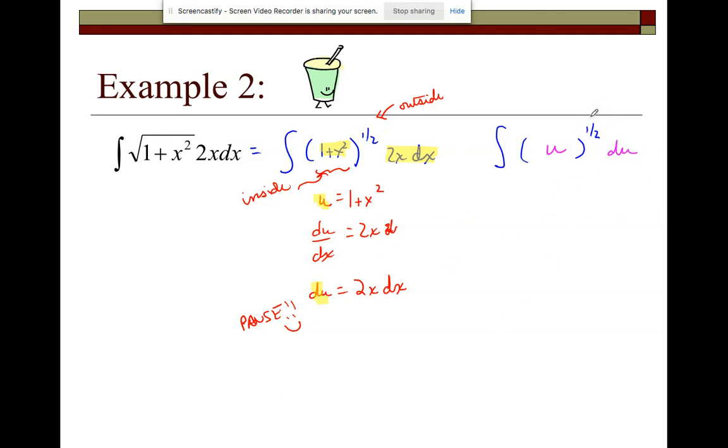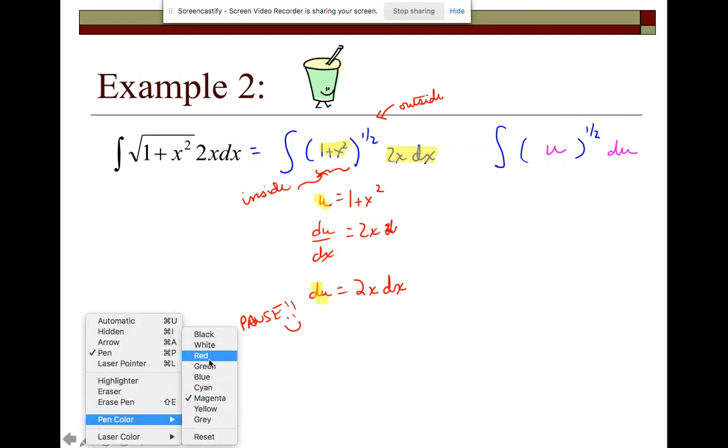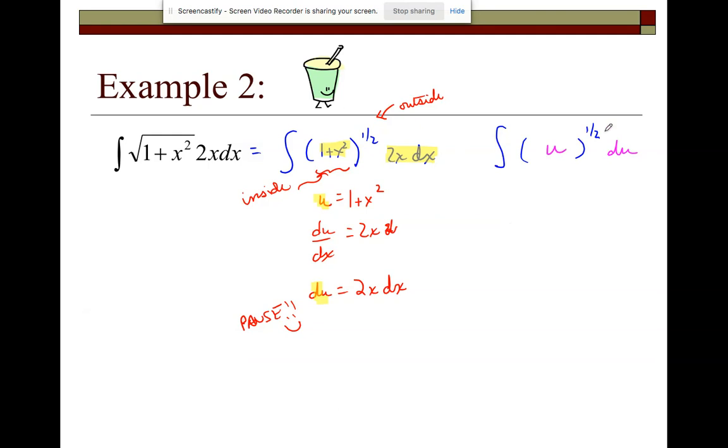Now integrate stuff to the 1/2. Is that your power up or your trig? Power up. So that's u to the add 1 divided by 3/2, which is multiplying by 2/3. Power up, divide by the power up. This is indefinite, so plus c.